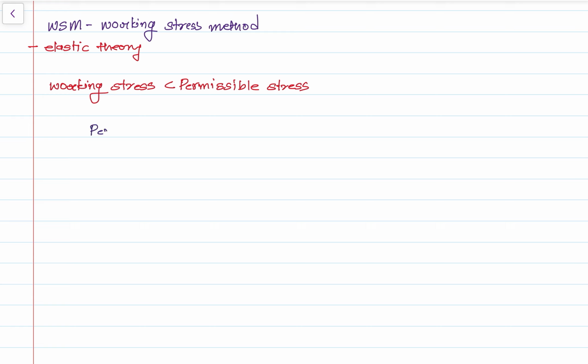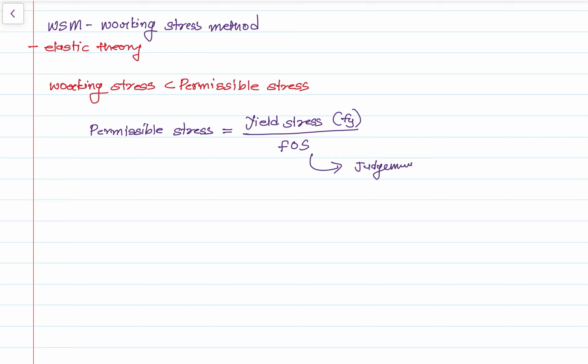So how are the permissible stresses calculated? The permissible stress is calculated from the yield stress: you can consider Fy divided by the factor of safety, and this will definitely be used during numericals. In the working stress method, the factor of safety is purely based upon judgment.